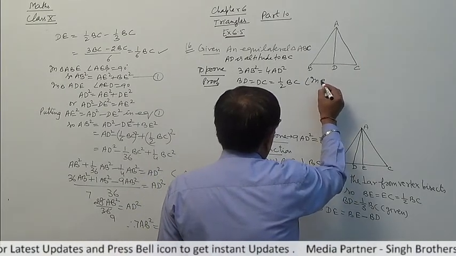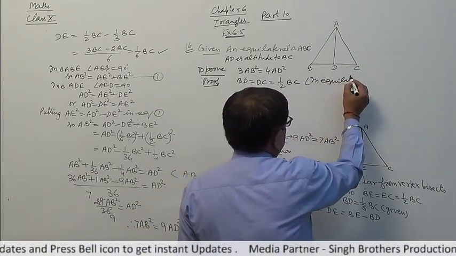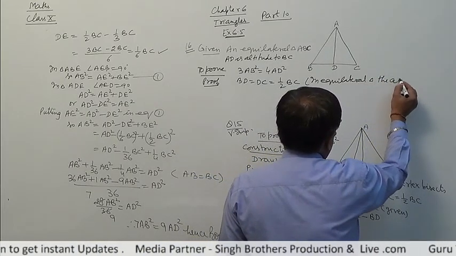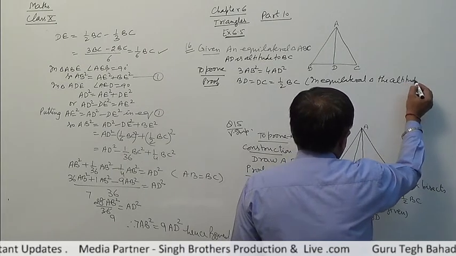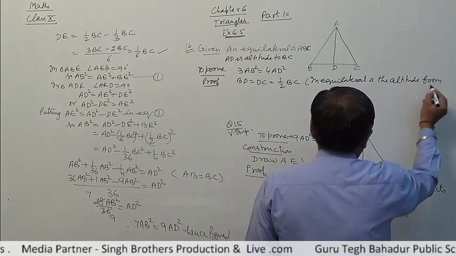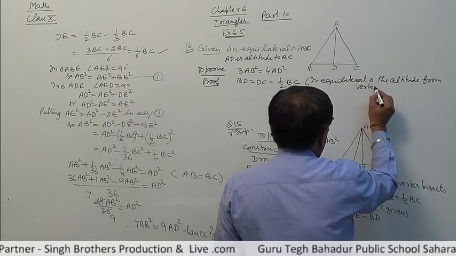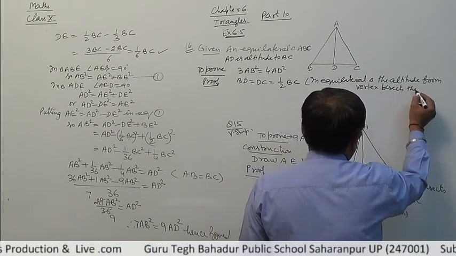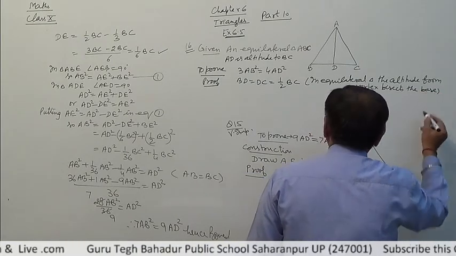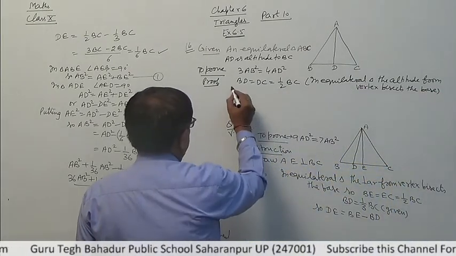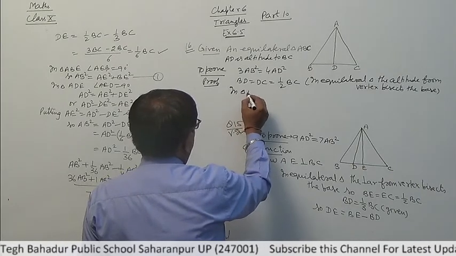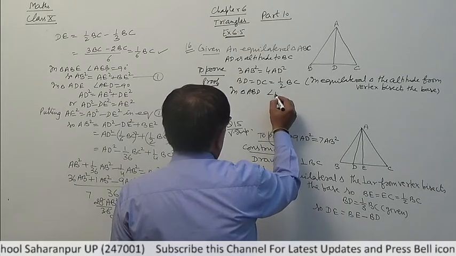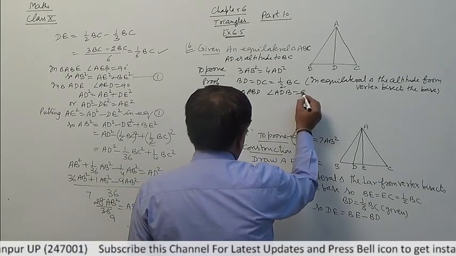In an equilateral triangle the altitude from the vertex bisects the base. In triangle ABD, angle ADB is 90 degrees.